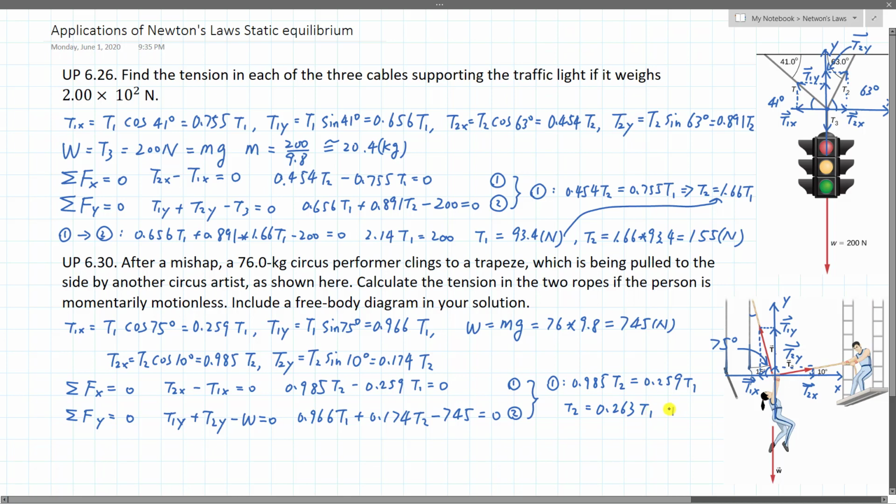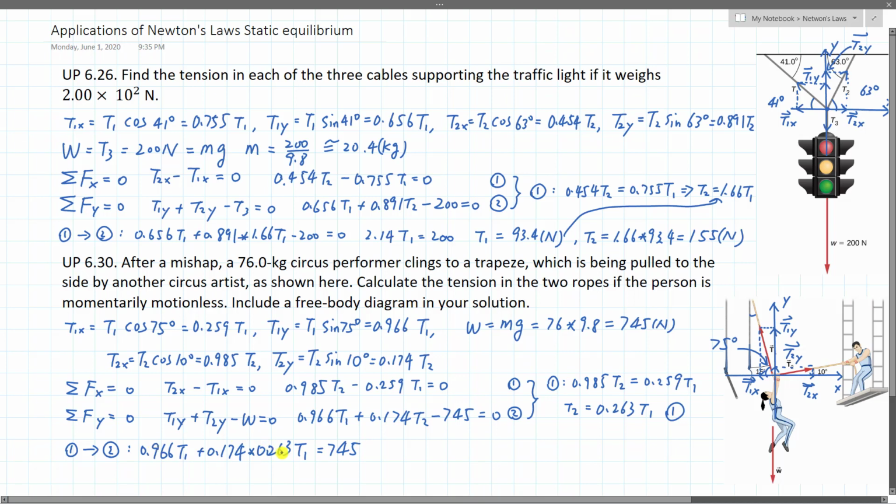Okay, so that's still called equation 1. We can take that and plug it into equation 2 to eliminate T2. So 1 plugged into 2, we have 0.966 T1 plus 0.174, with T2 substituted with 0.263 T1, minus 745 equals 0.